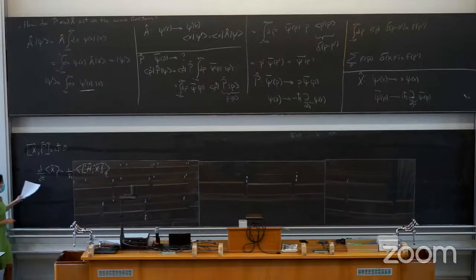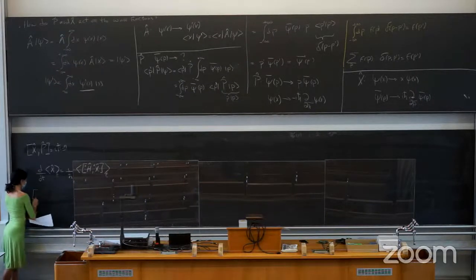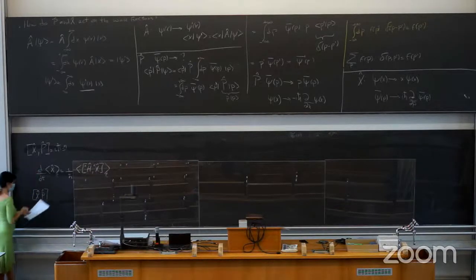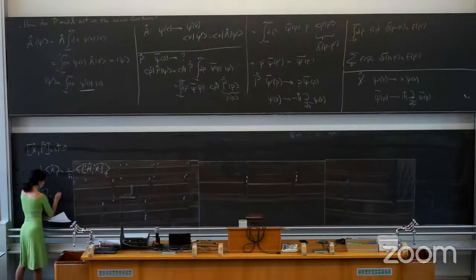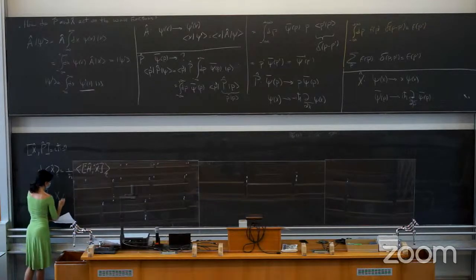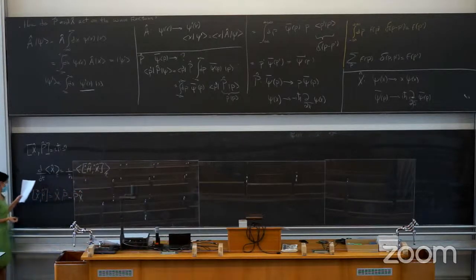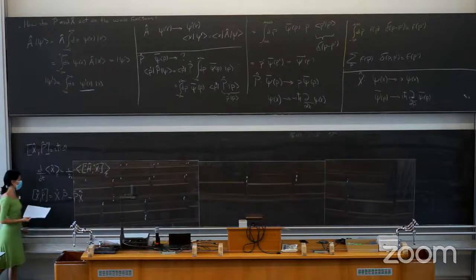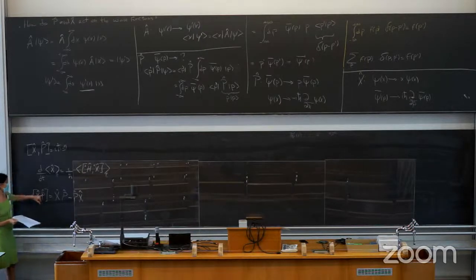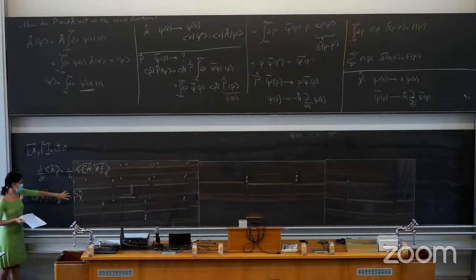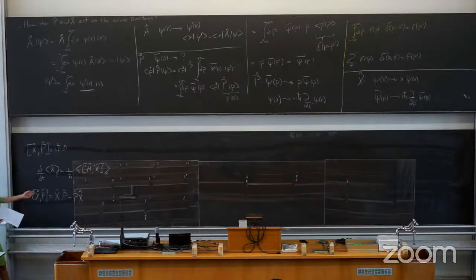So how do we compute this thing? If you don't get this, don't worry, we'll come back to it after the break. So this is xp minus px. And instead of just computing these operators in the abstract, which you could do as well, we're just going to see how they act on the wave function.